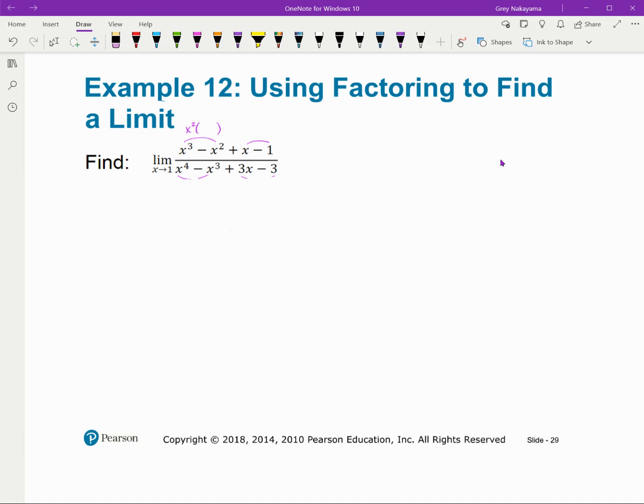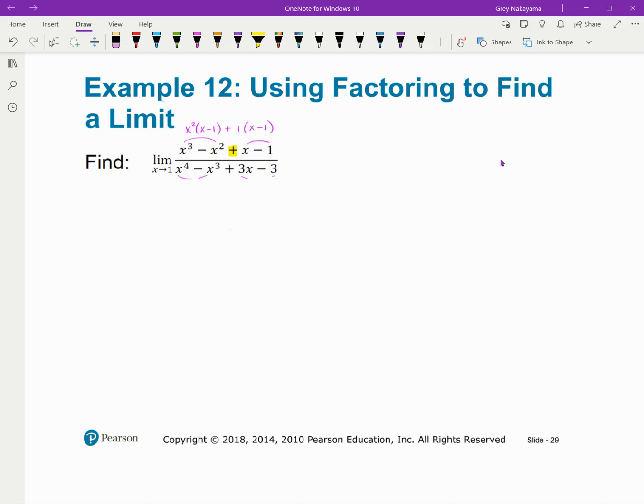And when I take out an x squared, I'm left with x minus 1. And when you look at these last 2 up top, it already says x minus 1. I also always make sure I have that sign in between them. So the common factor between x minus 1 is just 1. So that's what I'm going to end up getting, okay?